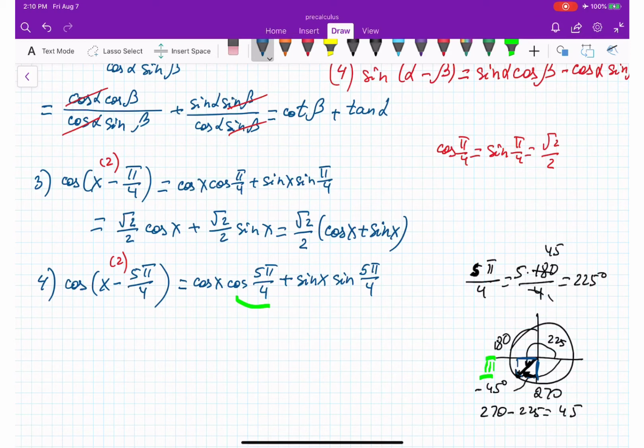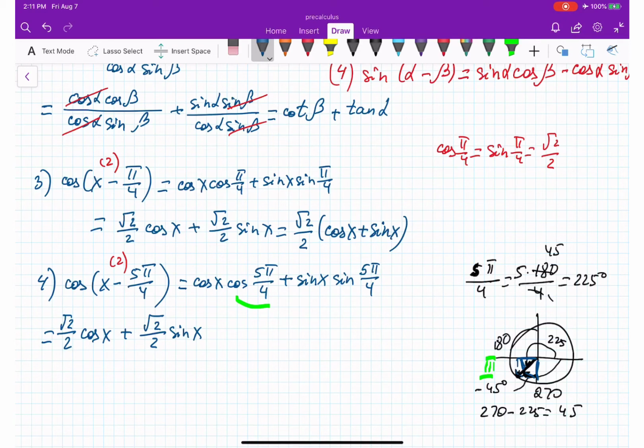Because 225, if I subtract 180, I will get 45 degrees. So this will be 45, and this one also 45. So we get square root 2 over 2. And the result is cosine x, here square root 2 over 2, plus square root 2 over 2 sine x.